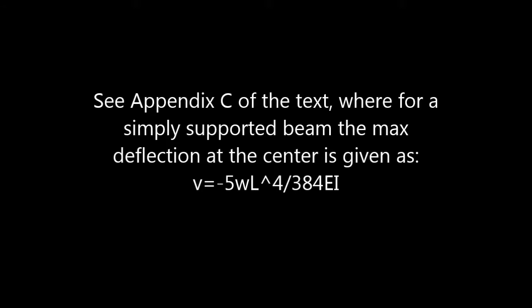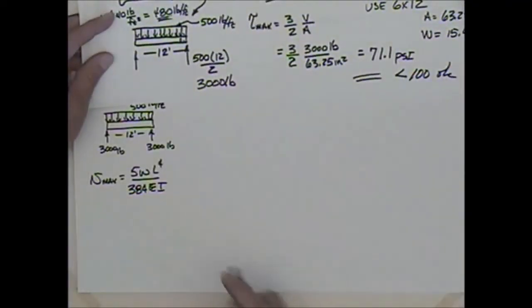So we can say that the maximum deflection, which incidentally in this case would be at the center line, it's not always at the center line, but that's going to be 5 times W, or I think in the previous example I used Q, I'll use W here, 5 times W times L to the 4th divided by 384 EI, right?